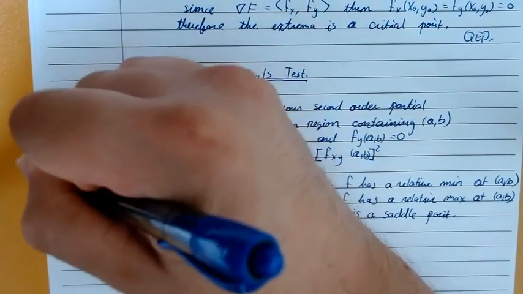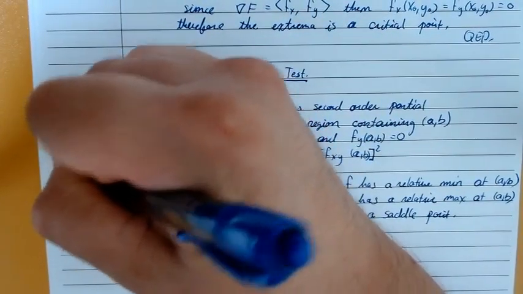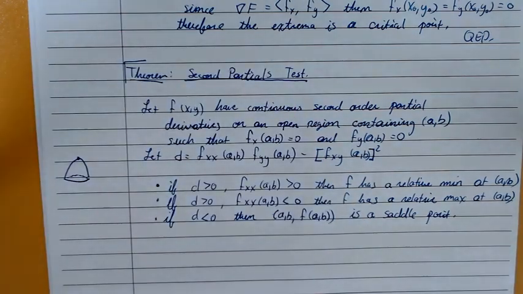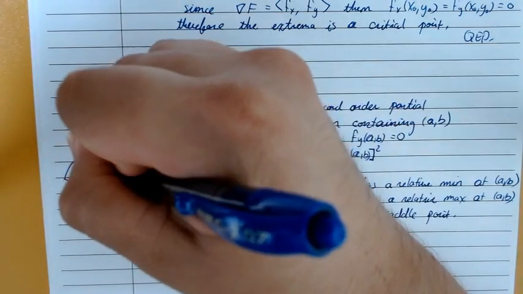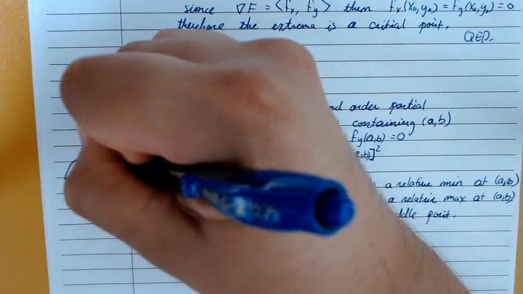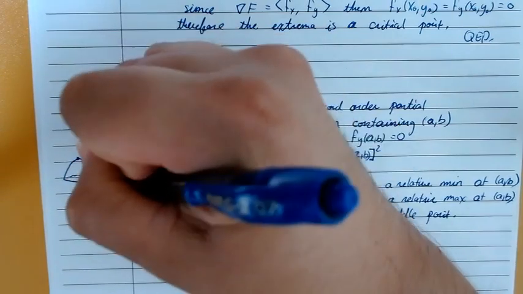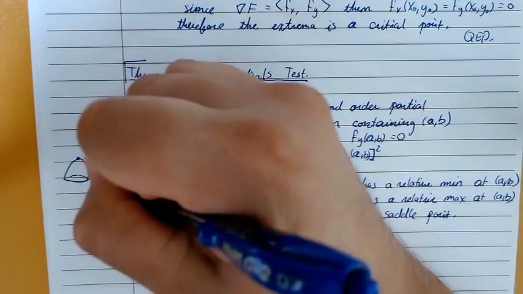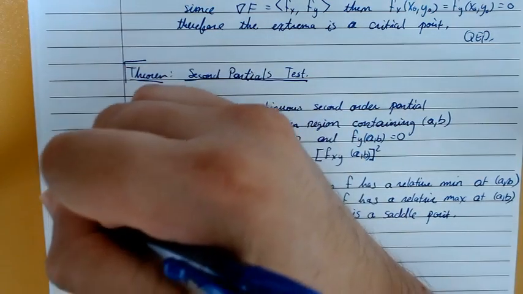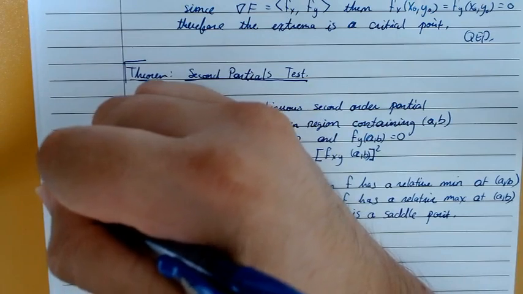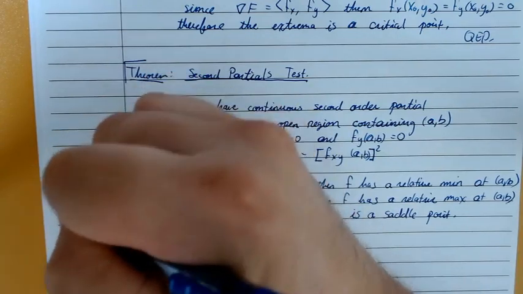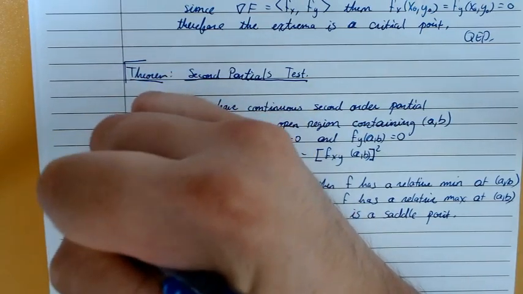So for example, here we see a maximum, right up there, a relative maximum. Here we see a minimum, well, a relative minimum. But a saddle point looks like it would be a maximum in one direction, but a minimum in another direction.